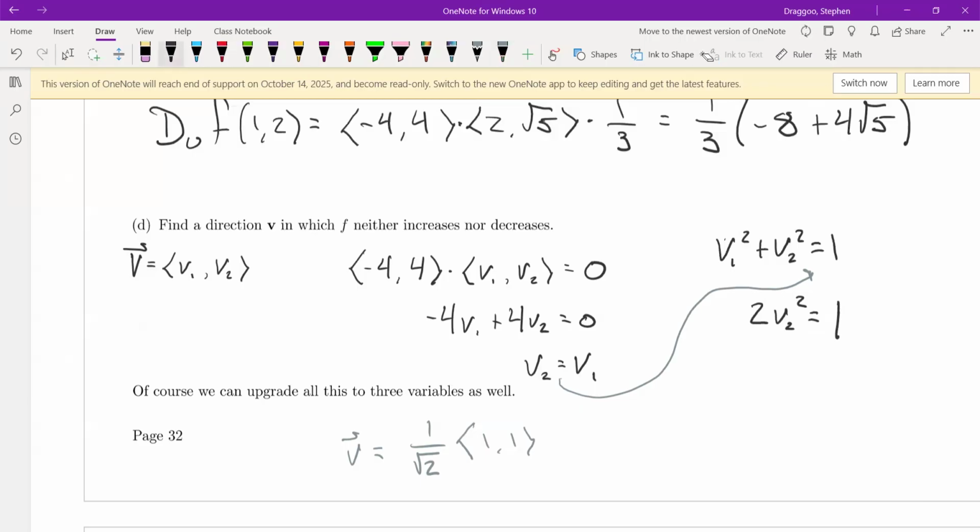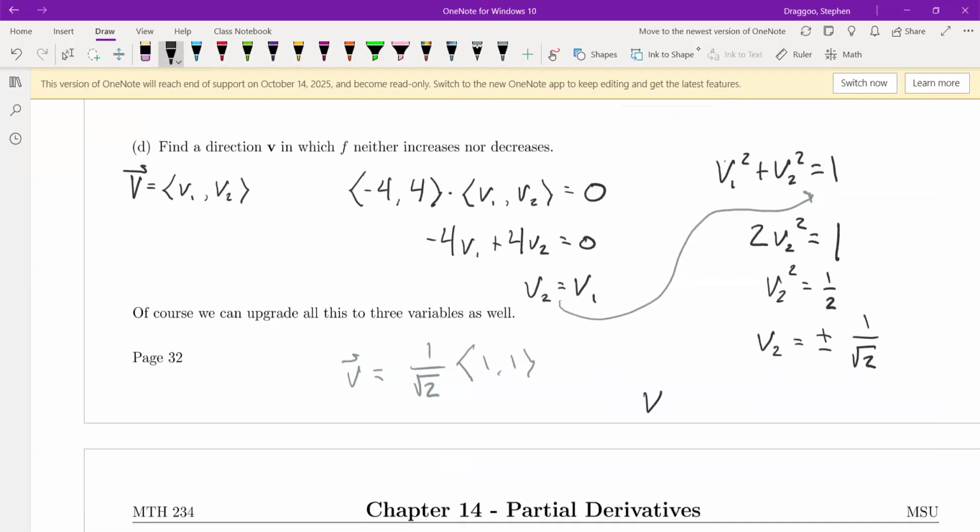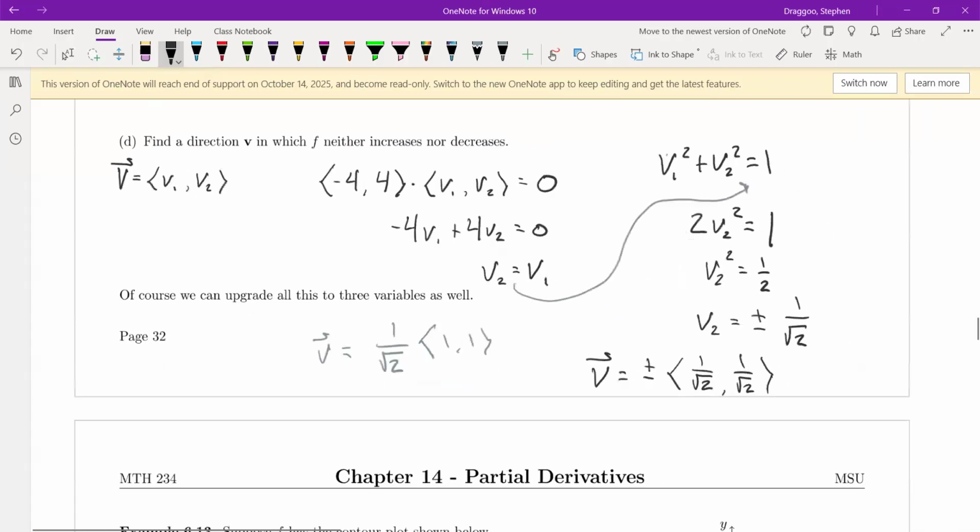So v2 squared is a half, meaning that v2 is plus or minus 1 over square root 2. So I actually end up with 2 directions. v is going to be plus or minus 1 over square root 2, 1 over square root 2, or more commonly, that's root 2 over 2, root 2 over 2. So a 45-degree angle, or pi over 4 radians, if we were going to measure our direction that way.